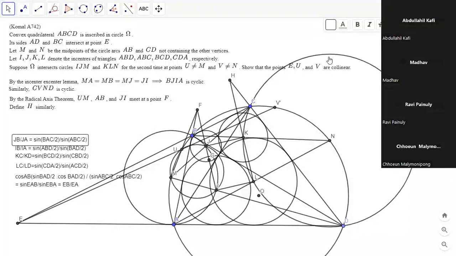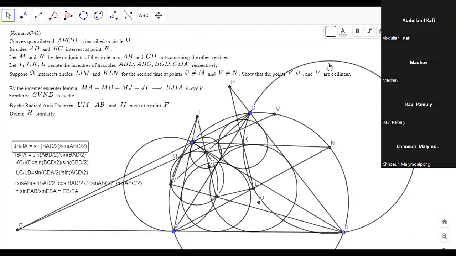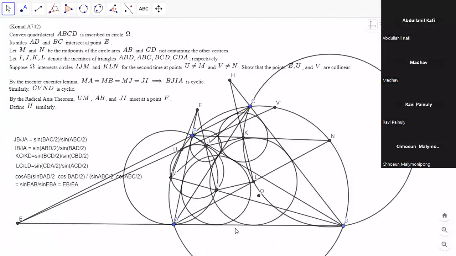Okay, so we didn't really need G. So F, wait, so we're saying UB over UA is FB over FA.